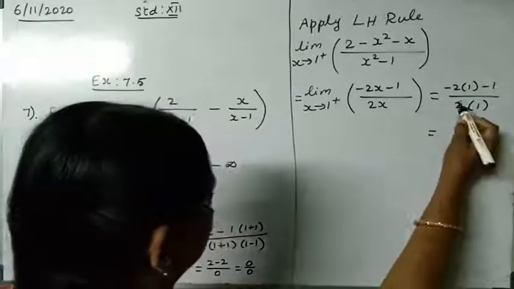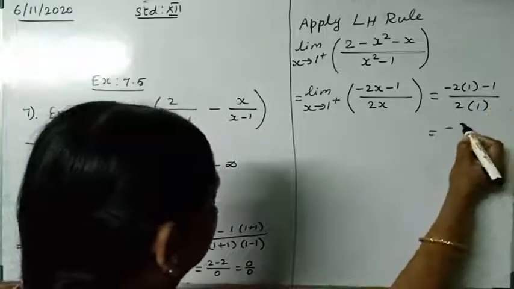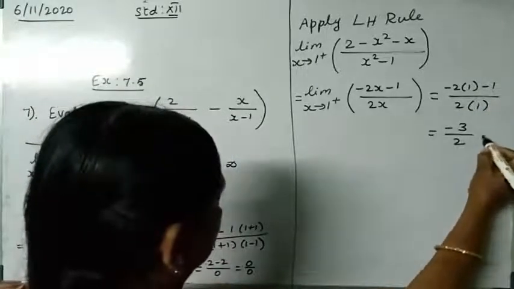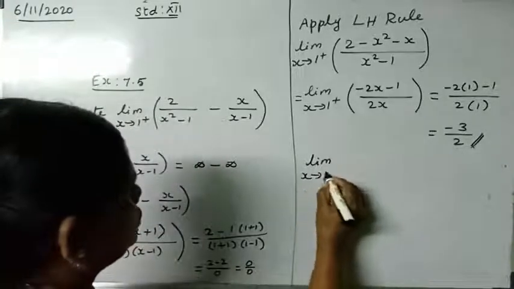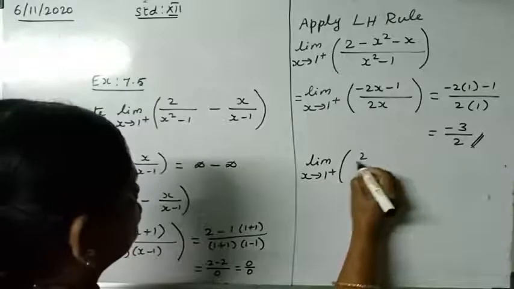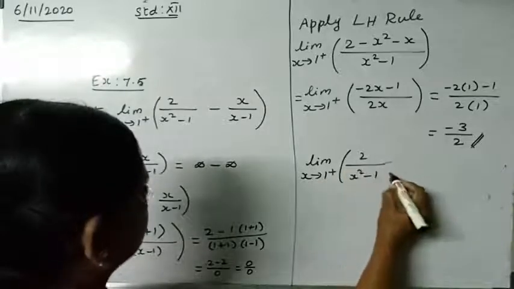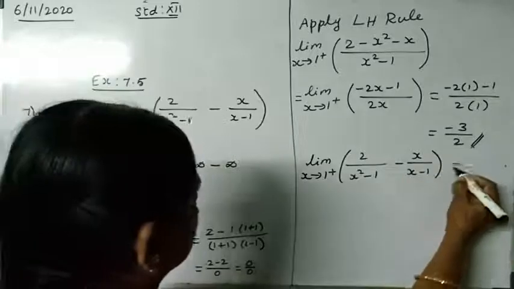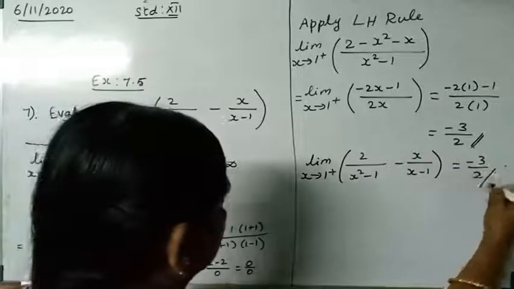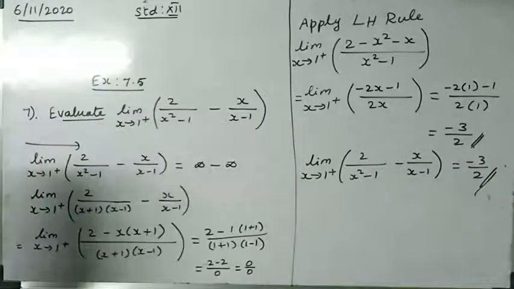Which is equal to minus 2 minus 1, which is minus 3, divide by 2, is the answer. So limit x tends to 1 plus of 2 by x square minus 1 minus x by x minus 1 is equal to minus 3 by 2. The rest of the problems, let us see later. Thank you all.